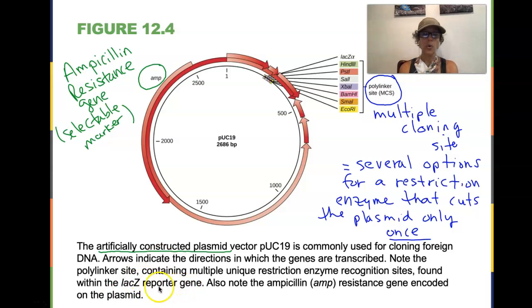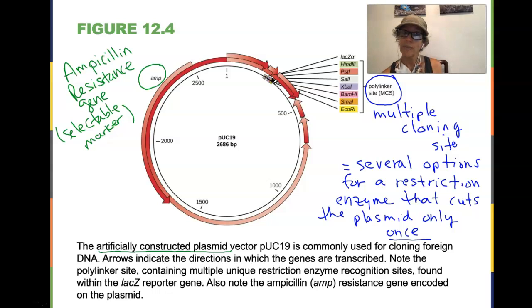It is called a reporter gene because when we get this piece of DNA into the bacteria, this LAC-Z gene, if we do nothing to the plasmid, remains a nice whole circle. The LAC-Z gene is perfect and operational. When we put that in the bacteria and we give them lactose to eat, they're super happy about it. And we put a color indicator that shows that the lactose has been digested and the colonies will turn blue.